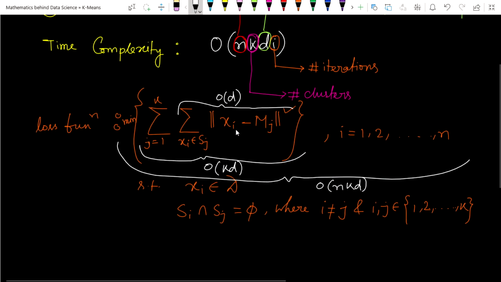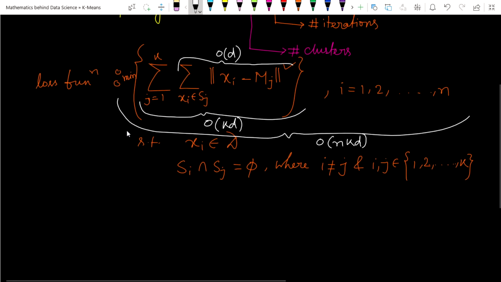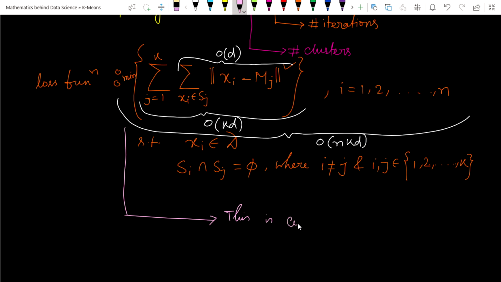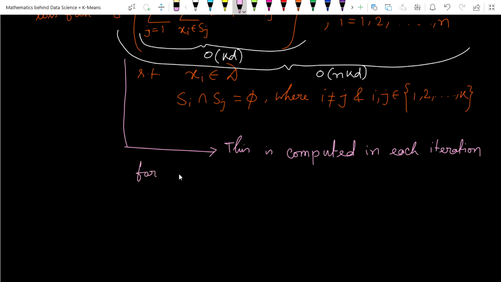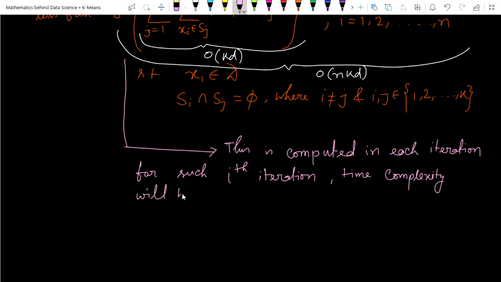This is computed in each iteration. So for each ith iteration, the time complexity will be order of n k d.